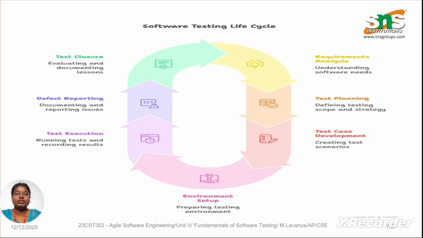The software testing life cycle starts from the left side of the diagram, which is requirement analysis. As we have discussed earlier, requirement analysis is understanding the software needs specified by the end user. Only then can the software tester ensure that the developed software attains the requirements specified by the end user.